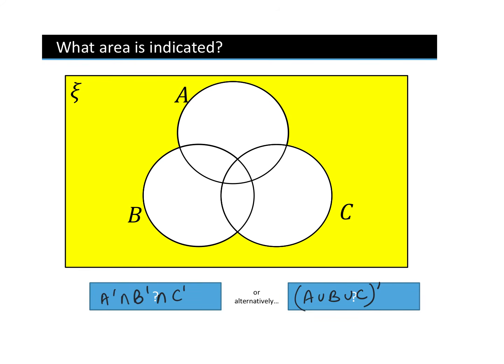When you have brackets, A union B union C, not. If you were essentially to expand this bracket, this would be A not, the union becomes the intersection, B not, the union becomes intersection, C not. Can you see? So that's why they're exactly the same.